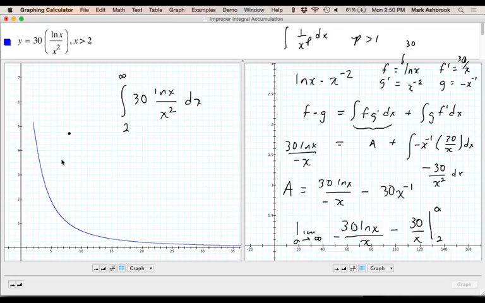Check my math, I'm going kind of fast, make sure I don't make a mistake. So limit as a goes to infinity of 30 ln of a over a, minus 30 over a, plus 30 ln of 2 over 2, plus 30 over 2. Am I good or did I make a mistake?